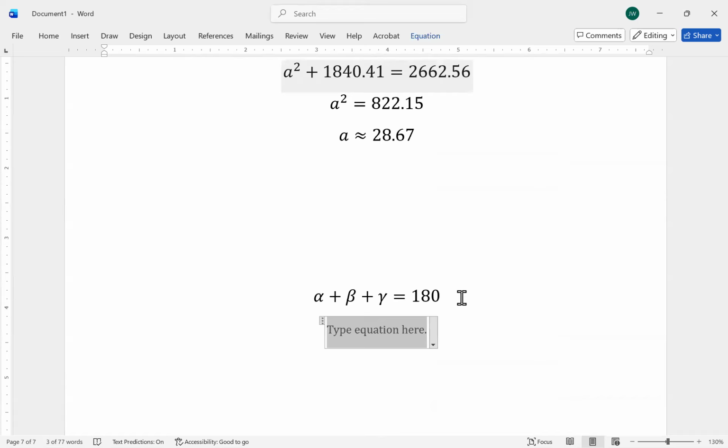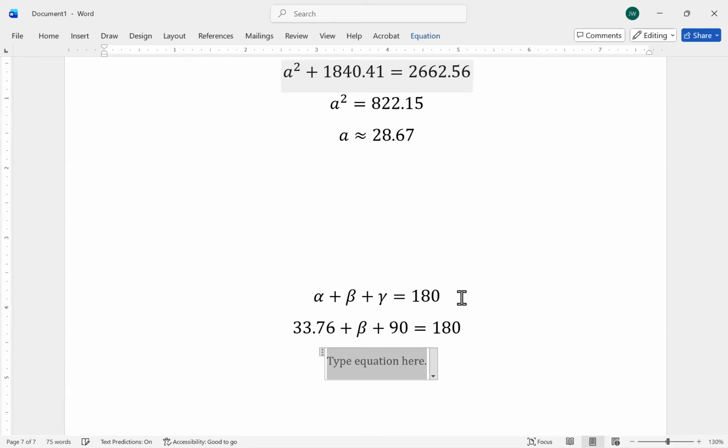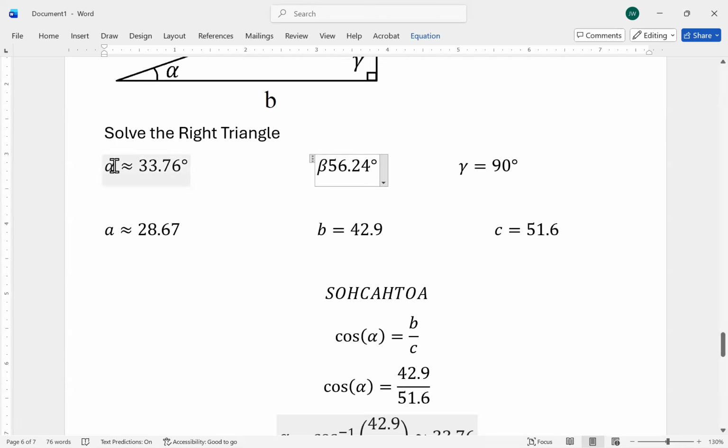I know that alpha is 33.76 approximately. I know that gamma is 90. So I can solve this for beta. 180 minus 90 minus 33.76 is going to give me a 56.24 as my angle beta. Since alpha was a rounded value, beta would also be a rounded value. And I have all three side lengths.